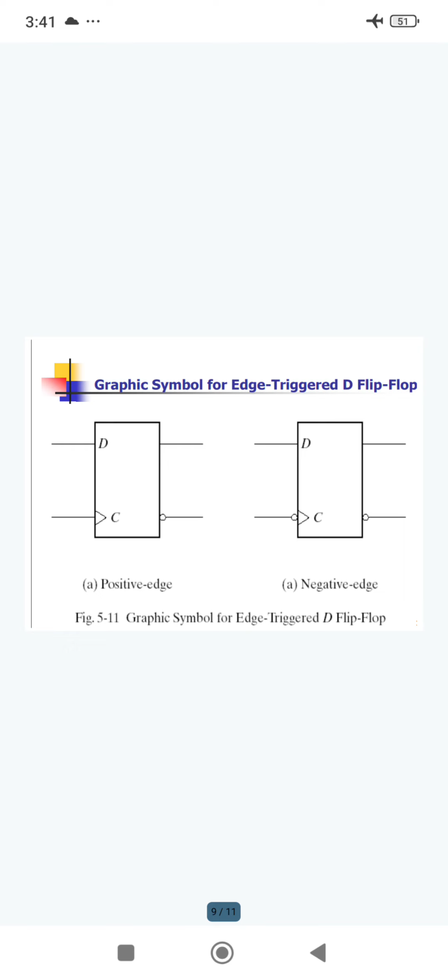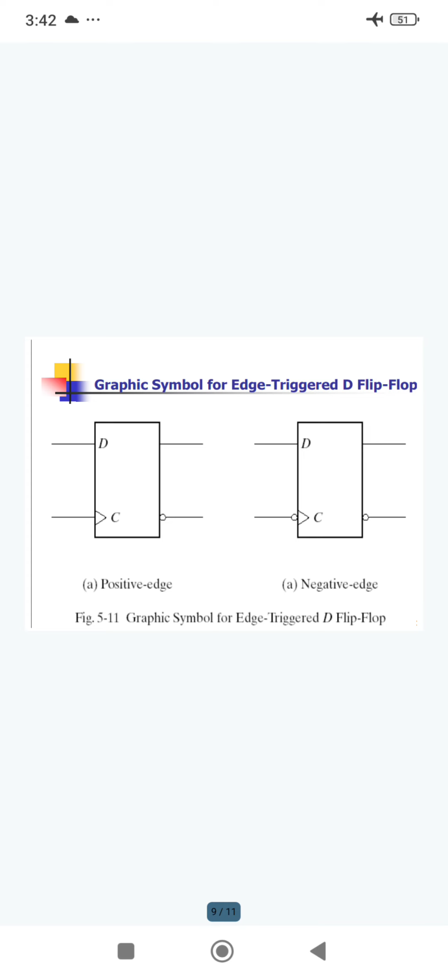Next, the graphical symbol of the edge trigger D flip-flop. This is the symbol of the D flip-flop. D is the input and C is the clock input, and the output is Q, and then the complement output is Q bar.